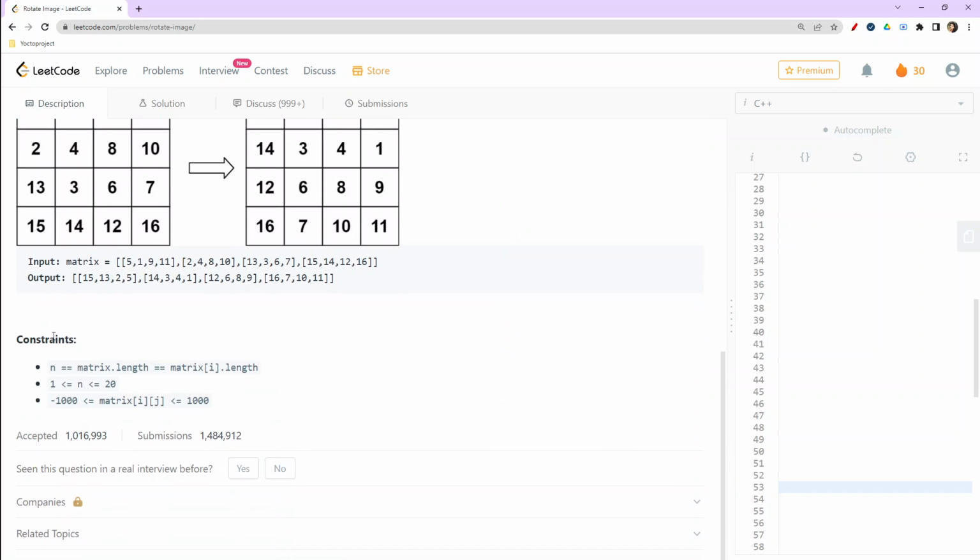Before that, let us go to the constraints. The constraint is that n equals matrix.length and matrix[i].length, which simply represents that column and row count are the same.